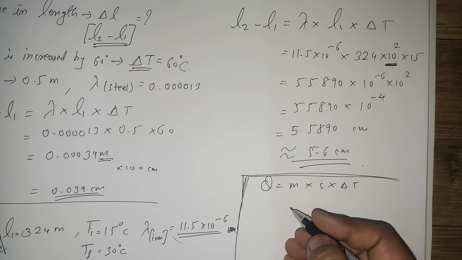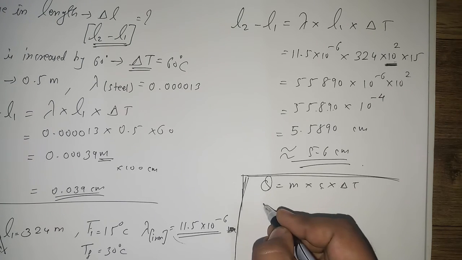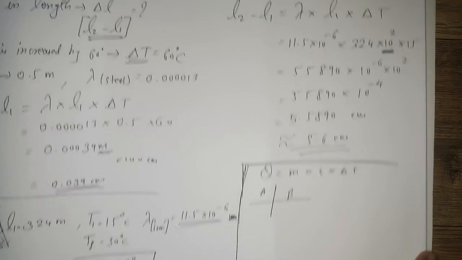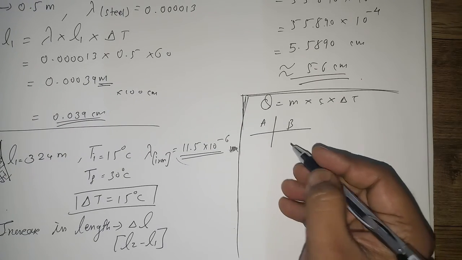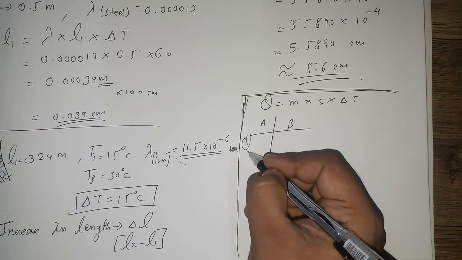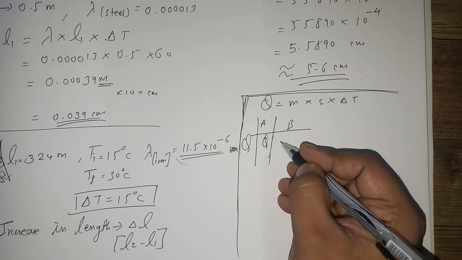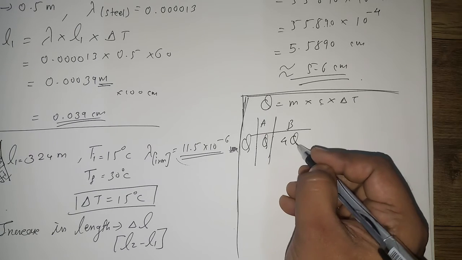The question is that there are two substances A and B. The heat given to A is Q and the heat given to B is 4Q.